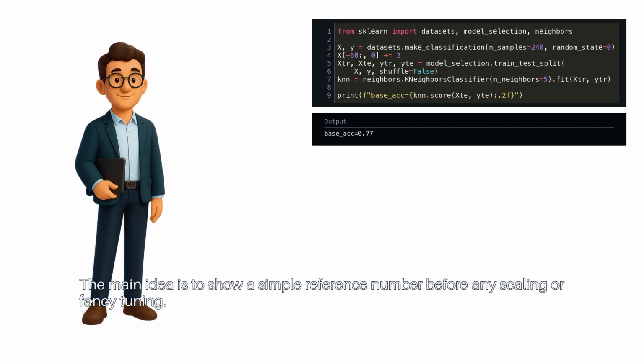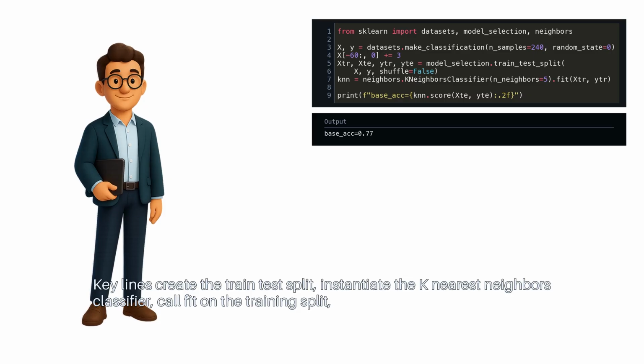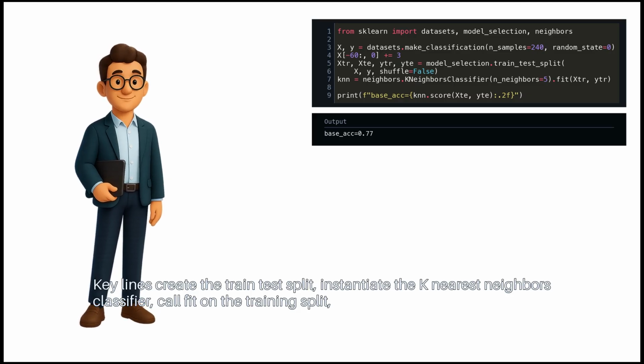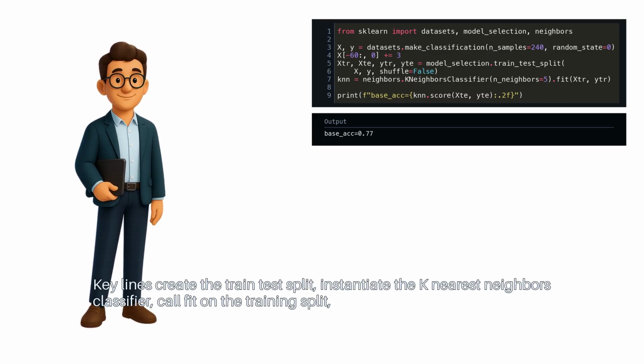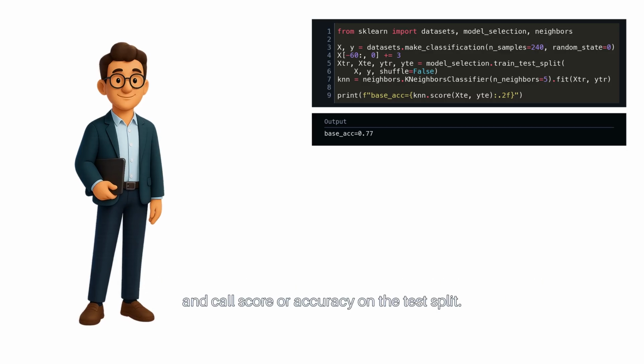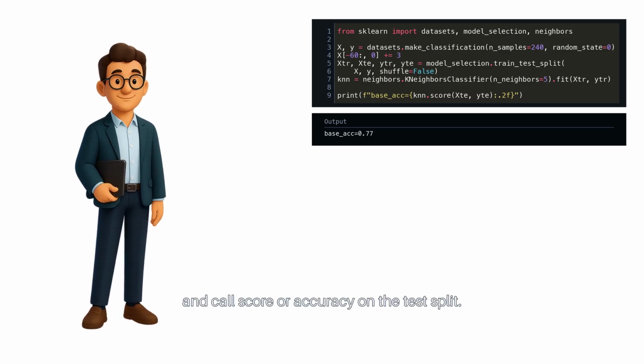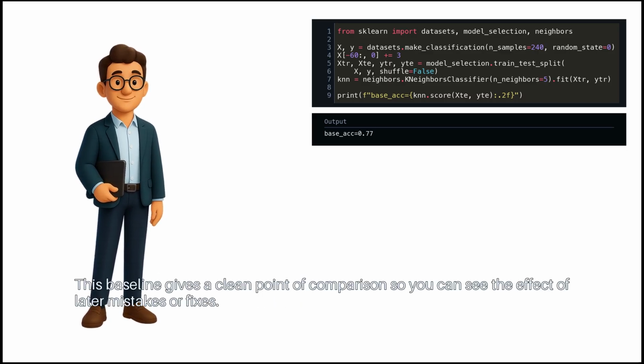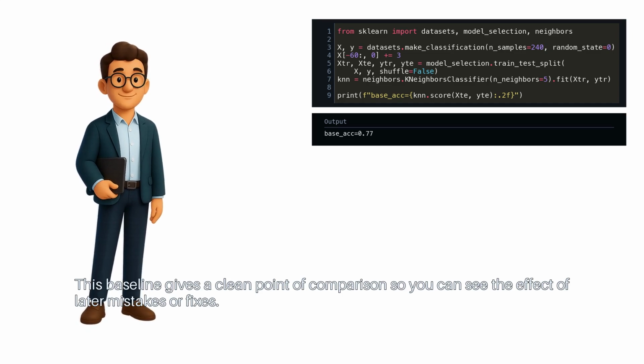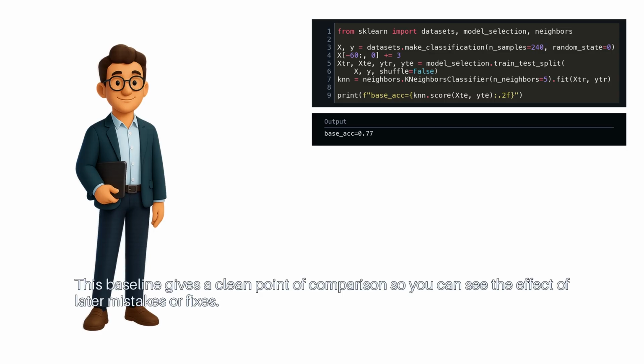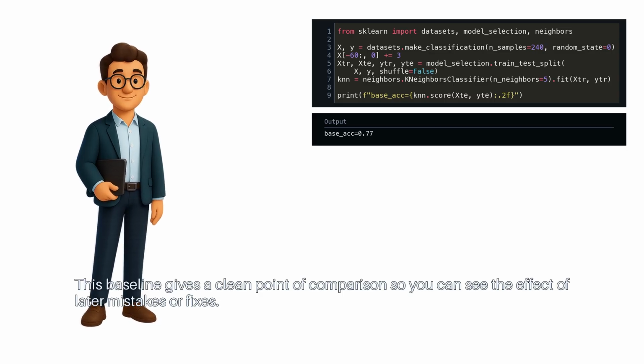The main idea is to show a simple reference number before any scaling or fancy tuning. Key lines create the train test split, instantiate the KNeighborsClassifier, call fit on the training split, and call score or accuracy on the test split. This baseline gives a clean point of comparison, so you can see the effect of later mistakes or fixes.